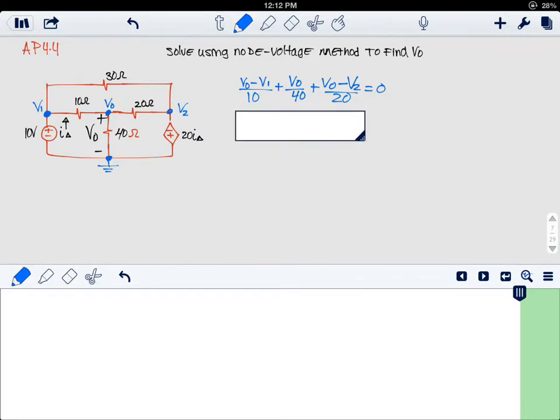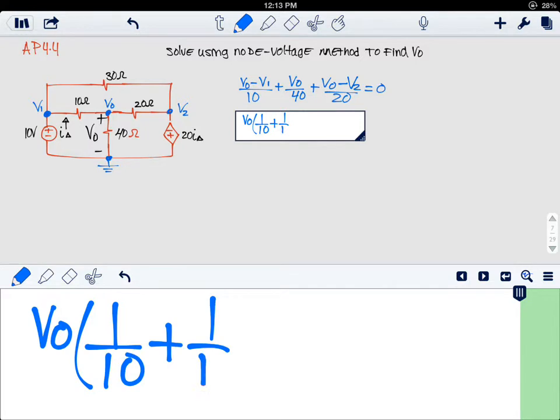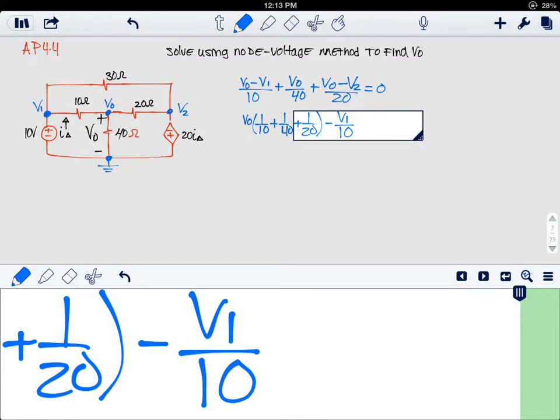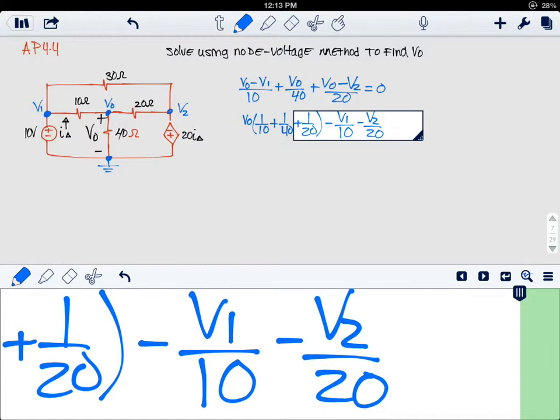This is going to be our first equation. We could simplify a little more. VO times (1 over 10, 1 over 40, 1 over 20), minus V1 times 1 over 10, minus V2 times 1 over 20 equals 0.